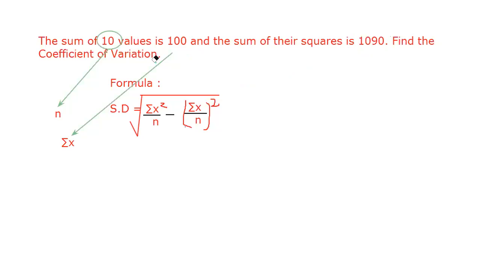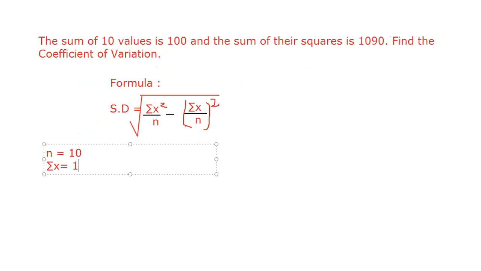Can you find the answer now? Okay, let me do it. Through this question, we found that our small n is 10, sigma x is 100, and sigma x square is 1090.